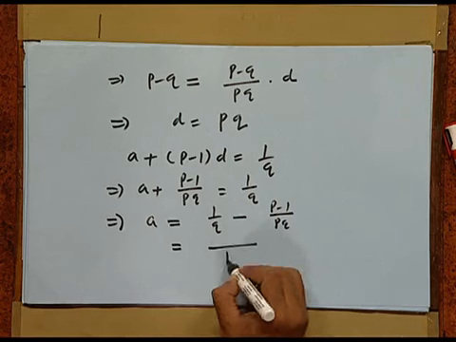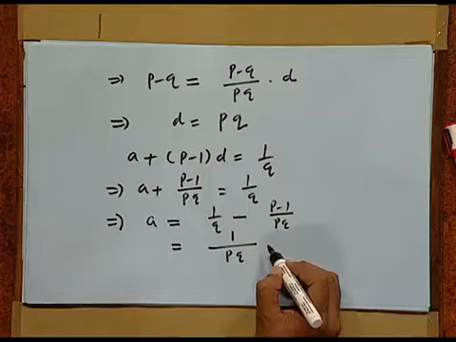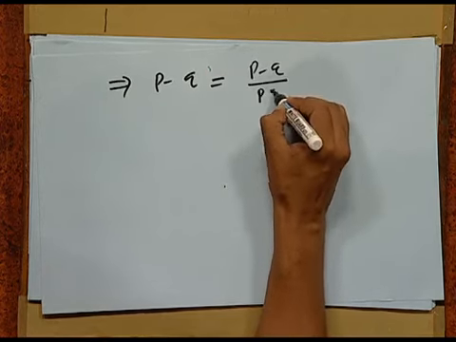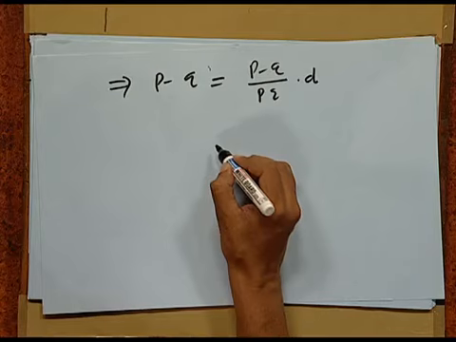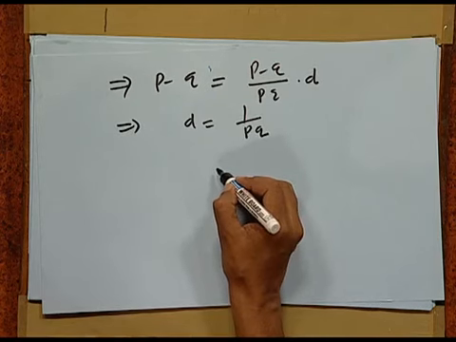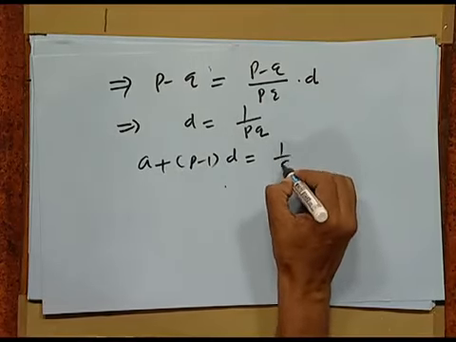This gives just 1 upon pq. So we have p minus q is equal to (p minus q) upon pq times d. But since p is not q, we can safely cancel p minus q and hence we get d is equal to 1 upon pq. Now to find a, we go to the first equation, namely a plus (p minus 1) d is equal to 1 upon q.